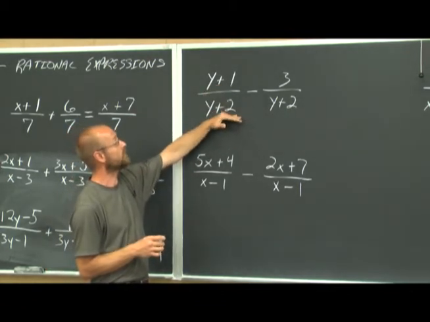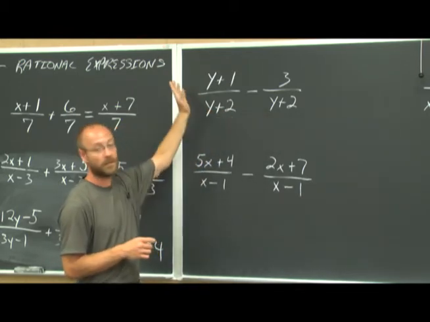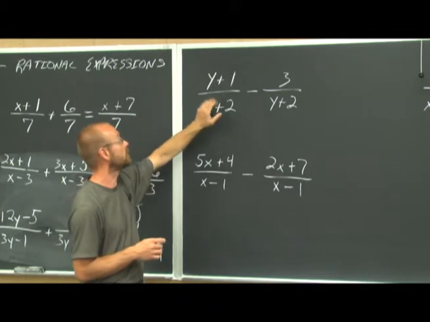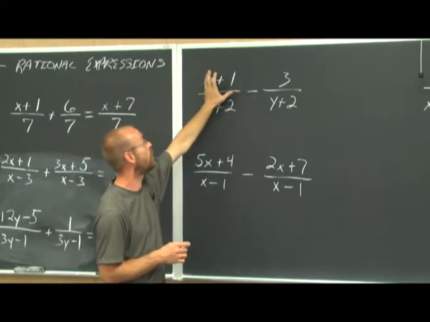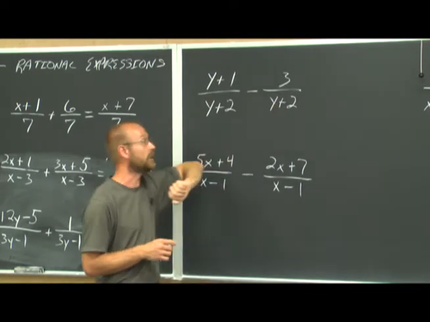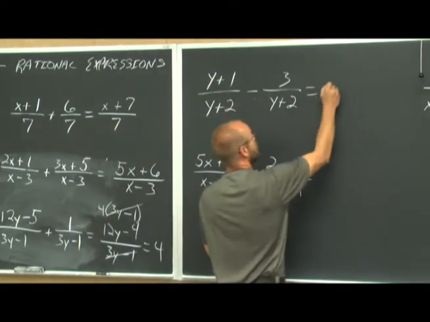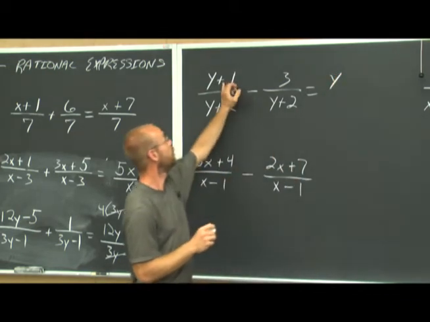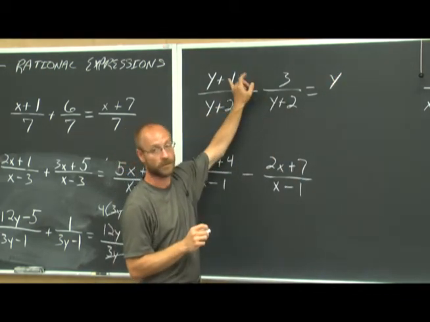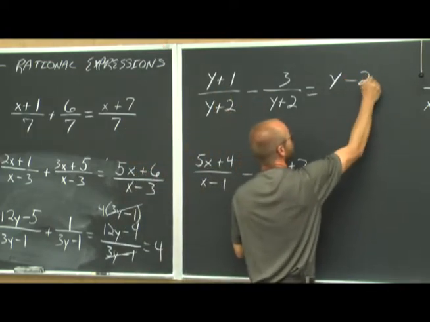All right, if we look at this example, we identify, yep, they have the same denominator. So I can just do what I need to do on the top. Well, here it's subtraction. I have y plus 1 minus this numerator of 3. So I have y minus no other y term. And I have 1 minus 3. Since my numbers are like terms, 1 minus 3 is negative 2.